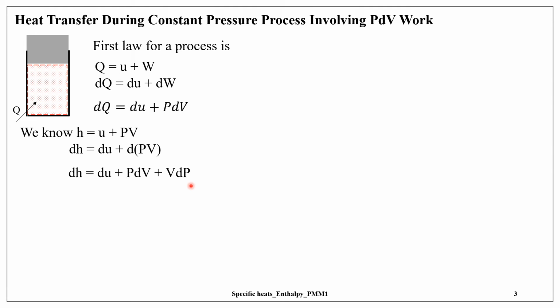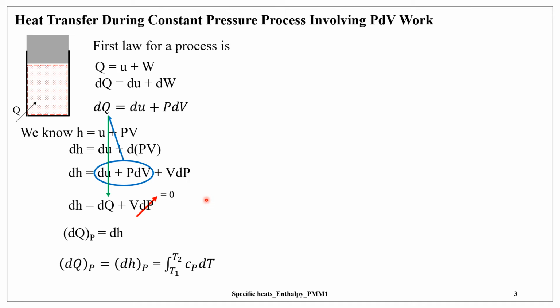Instead of this du plus PdV, we can substitute dq. Therefore, this dh can be rewritten as dq plus VdP. And of course, it is a constant pressure process. Therefore, this is 0. And hence we can write dh is equal to dq during a constant pressure process.